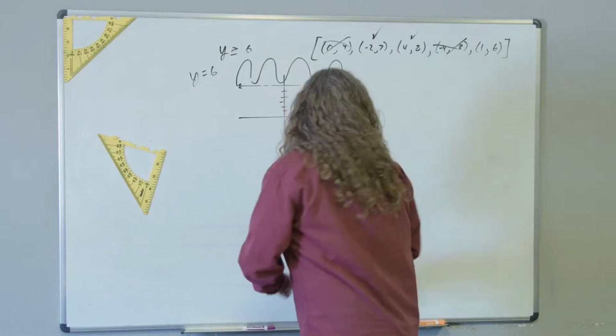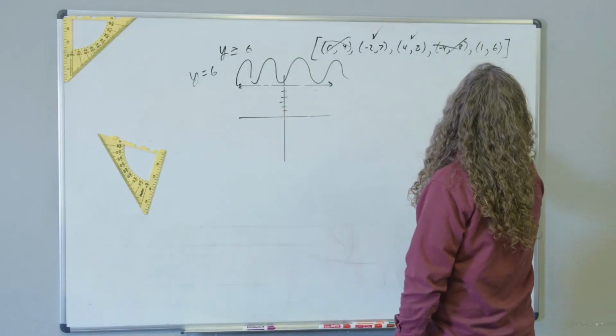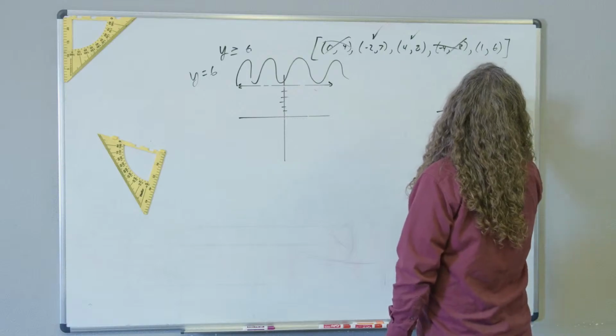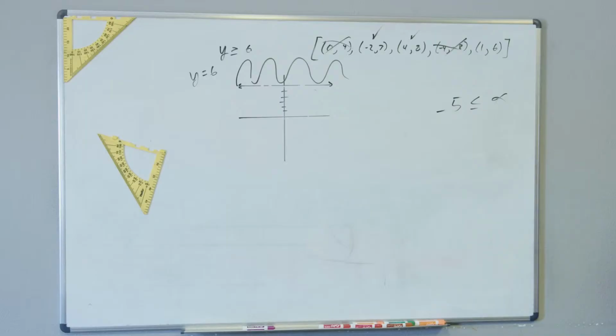Like if I told you to graph this on a number line, x in this, is it bigger or smaller than -5? Even though this is a less than symbol, is x bigger or smaller than -5? Bigger or equal to.